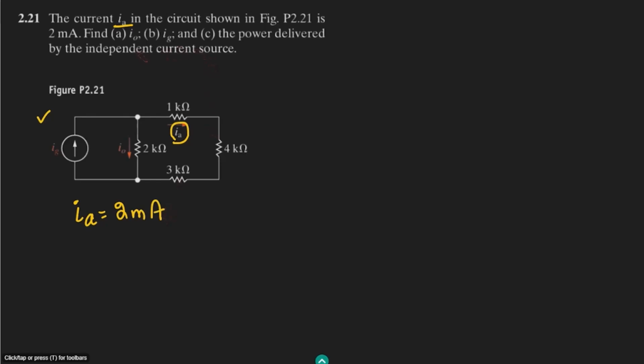On the basis of it, we have to find the value of I naught, this is I naught, the value of Ig, this is Ig, and the power delivered by the independent current source. This is the current source. We have to find the power delivered by this one.